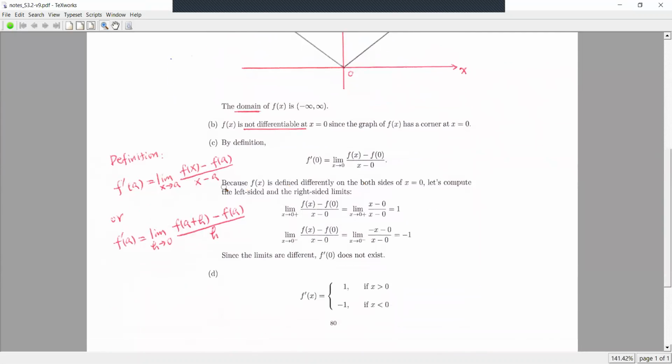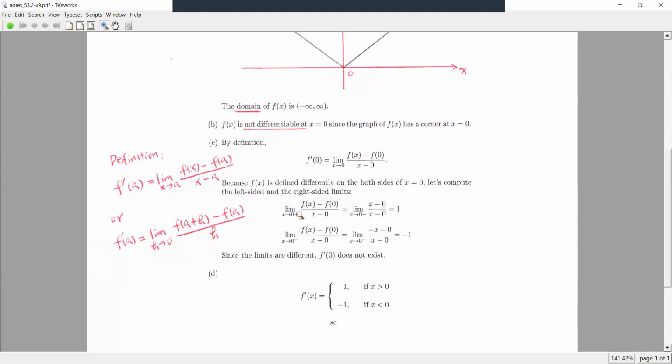Now, because the function is defined differently on the two sides of 0, instead of computing this both-sided limit, I compute the left-hand side and the right-hand side limits below. The right-hand side limit at 0: x approaches 0 from the right. That is, x is greater than 0.